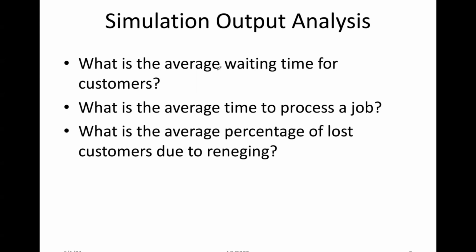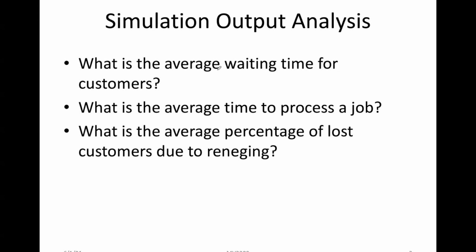Or in the case of our renege model, what was the average percentage of lost customers due to reneging? That would be something that we would be interested in. When we created the reneging model, we ran it once and came up with a number. Again, how good was that number? How accurate was that number in terms of capturing the actual no-kidding percentage of lost customers?